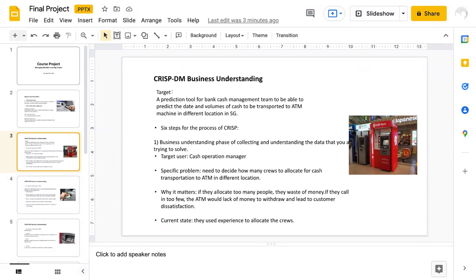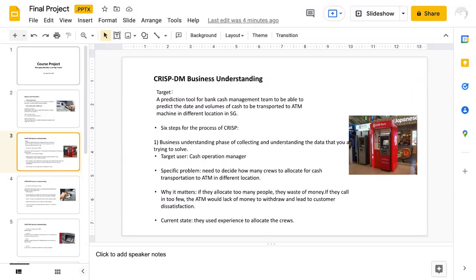The typical 6 steps for the proposed graph, starting from the target user. Obviously, it's for the cash operation manager, and the problem is they need to decide how many crews to allocate for cash transportation to ATMs in different locations. So we need to consider the date and the volume of the transportation of the cash. So why does it matter?